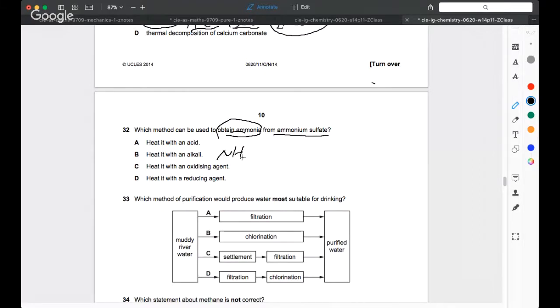So ammonium sulfate contains ammonium ion, and if we use a base, a base will take off a proton from the ammonium ion and gives you NH3 as ammonia gas. So the right answer is B.